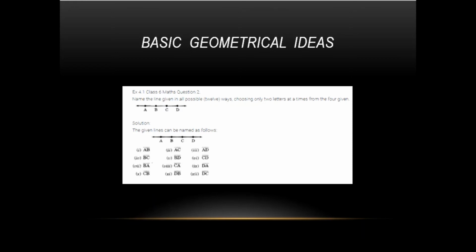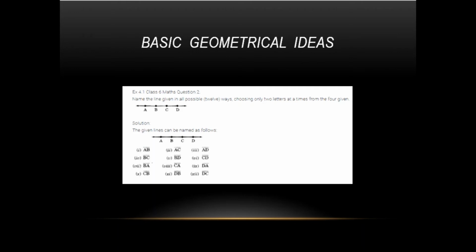We can start from A moving till B, start from A moving till C, then start from A moving till D. Then we can take start from B. It is BC, then B to D, then C to D. Then comes BA, then CA, and then DA. Then is CB, then DB and DC. These are the different ways the line can be written.